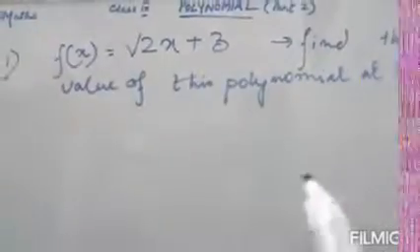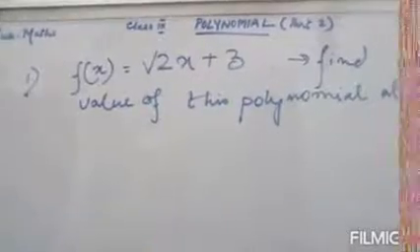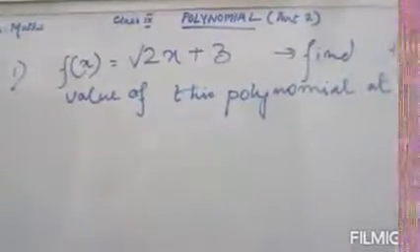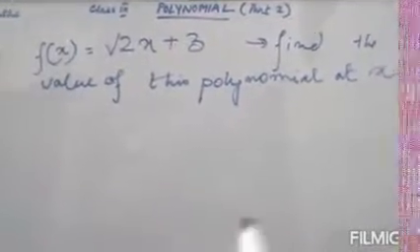My next question is, f(x) is a polynomial equal to root 2 x plus 3. Find the value of this polynomial at x is equal to 1. The same process I'll be doing. First I'll write the polynomial, root 2 x plus 3.